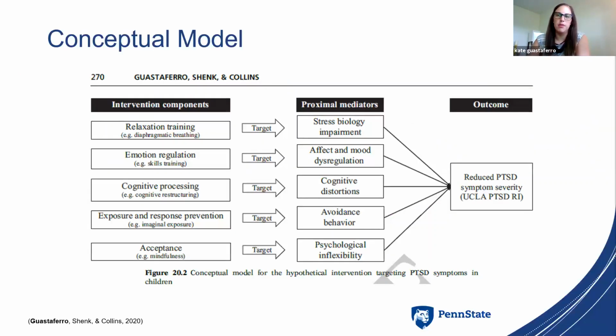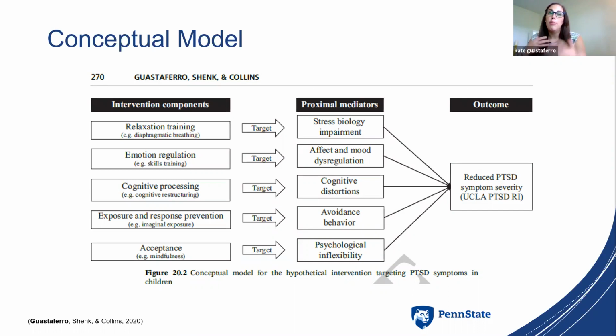One of the hallmarks of the preparation phase is the development of a conceptual model. This is the engine of the intervention. We're describing how each one of the components that we are identifying is designed and how it will affect our ultimate outcome of interest. So the conceptual model is informed by theory, as well as empirical studies.